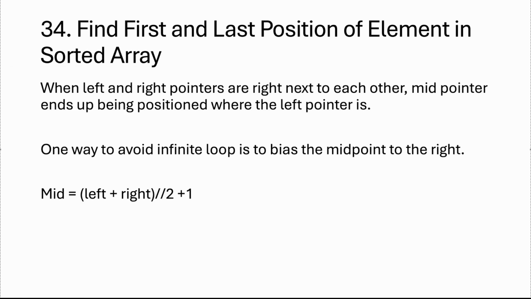When left and right pointers are right next to each other, mid pointer ends up being positioned where the left pointer is. One way to avoid this loop is to bias the midpoint to the right by using mid equals to left plus right floor division by 2, plus 1.